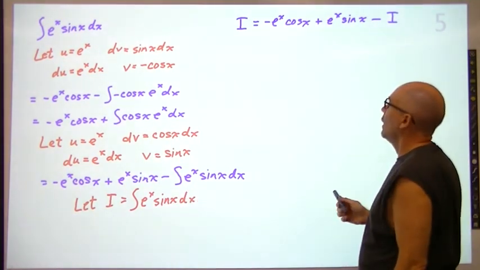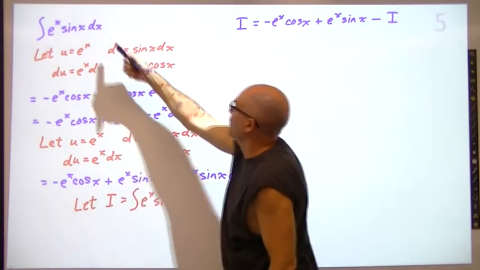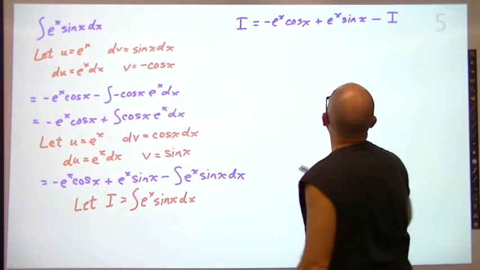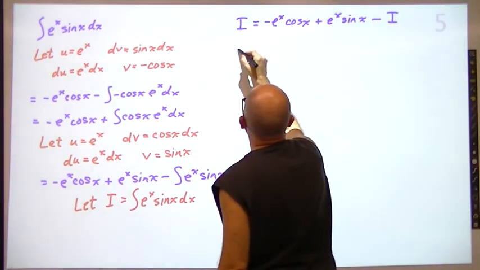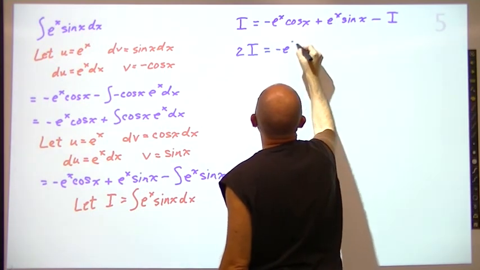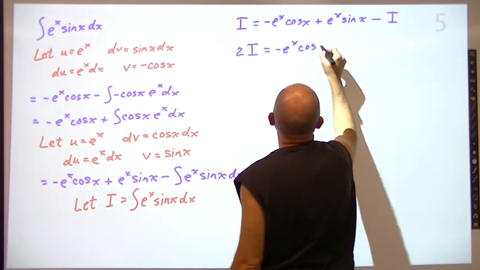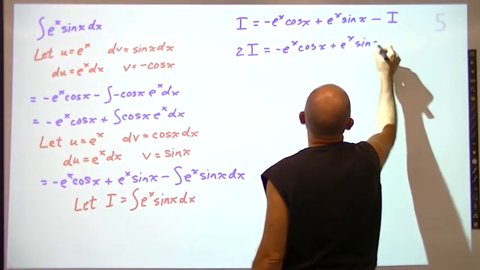Okay? Now, this I is what I'm trying to solve for. So what do I do? Well, I'm going to add I to both sides, so I have 2I equal negative e to the x cosine x plus e to the x sine x.